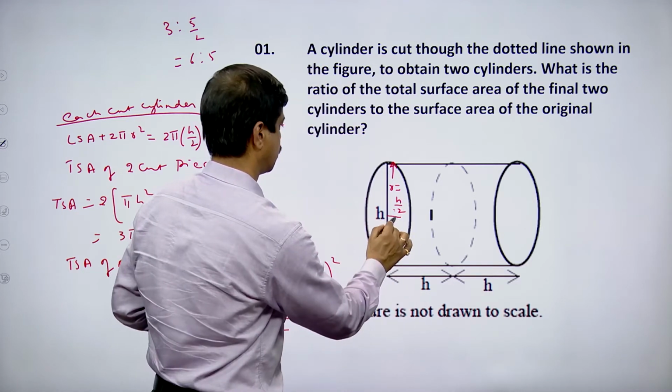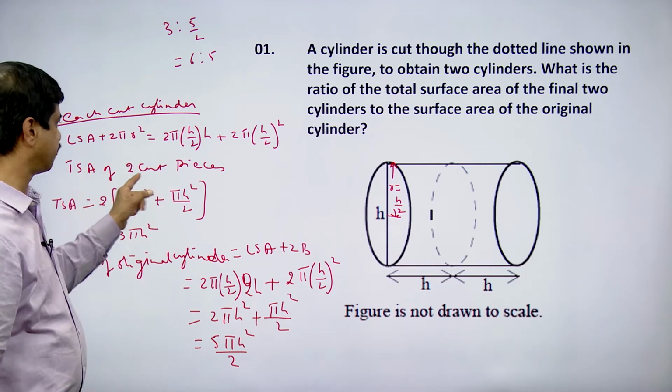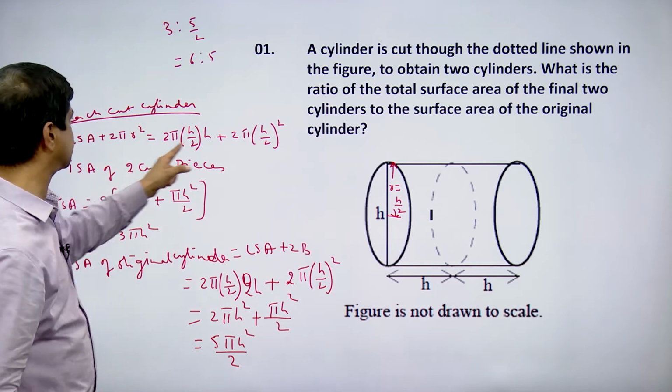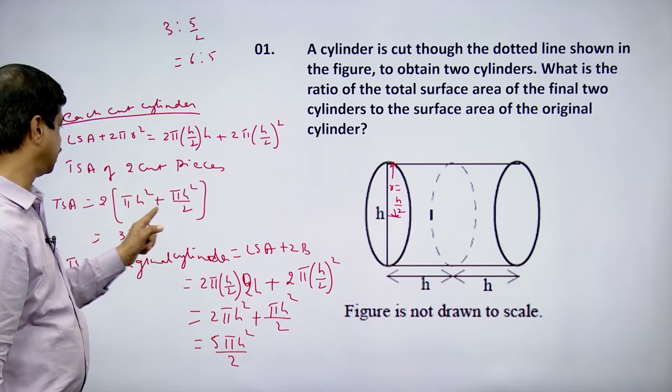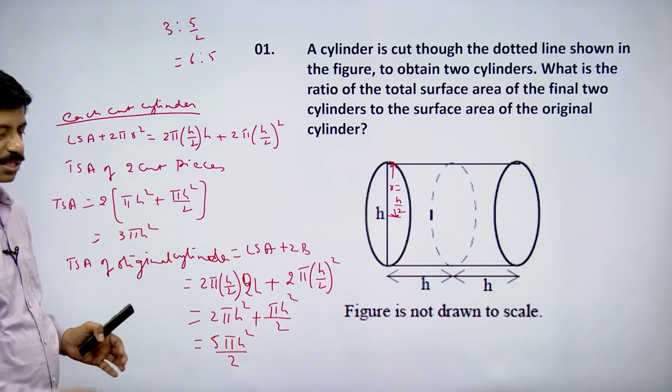So now this is the radius, that is what we have written. That is the TSA of 2 cut pieces. You have 2 pieces or not? So 2 pieces is 2 times this. 2 times this is 3 pi h square by 2 into 2, the 2 gets cancelled, you will get 3 pi h square.